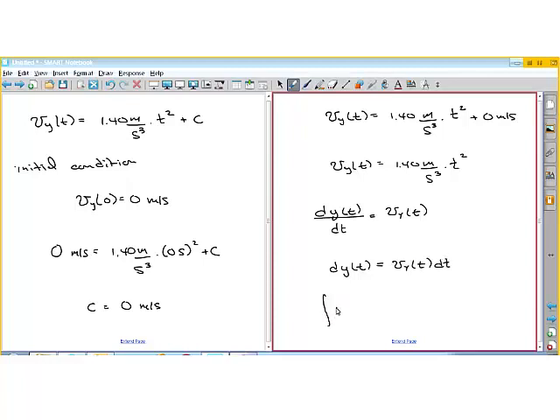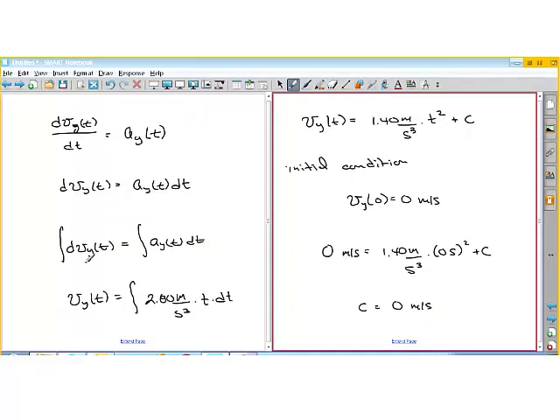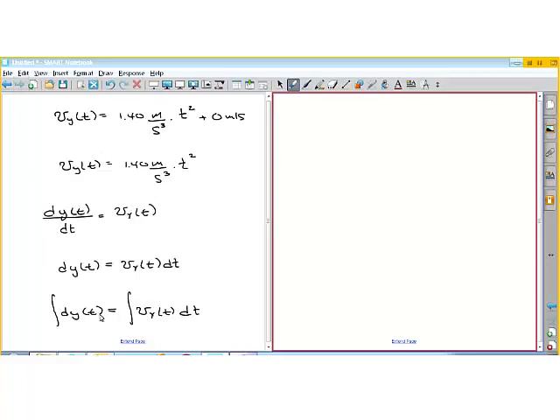Then I integrate both sides, again using an indefinite integral without limits. That's basically what we had with velocity, except now using the derivative of the displacement with respect to time as velocity.